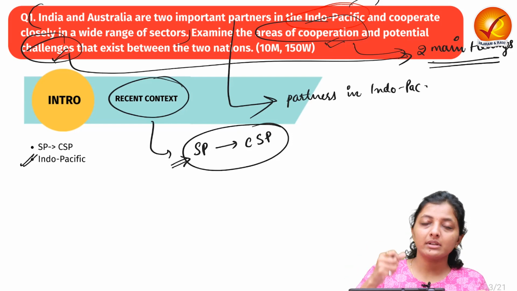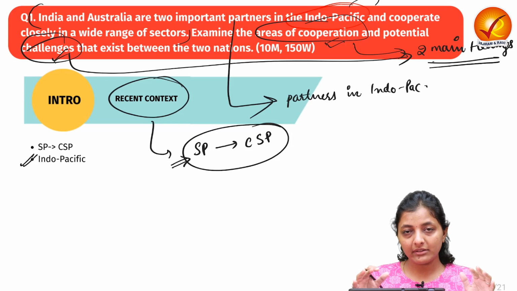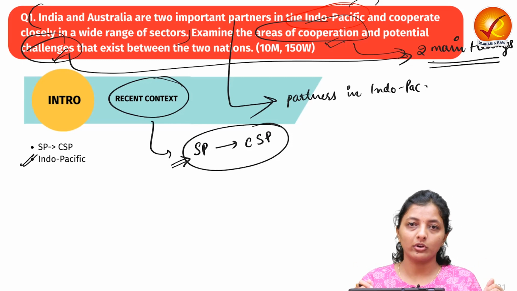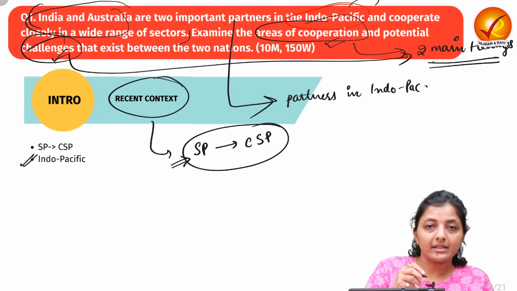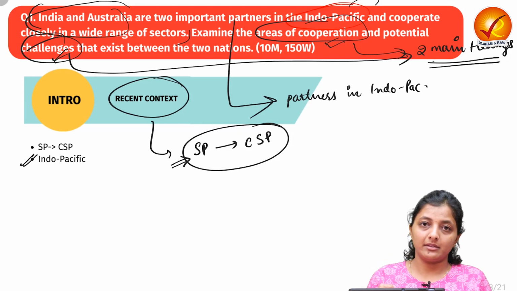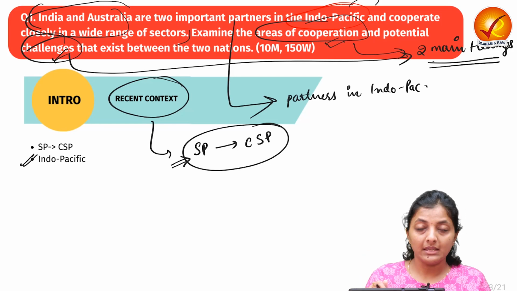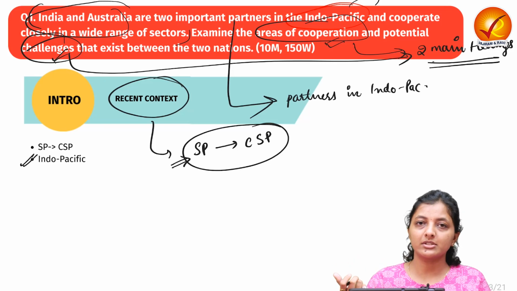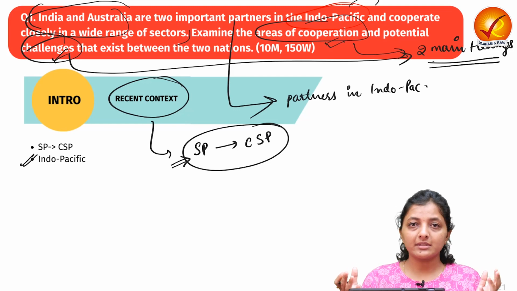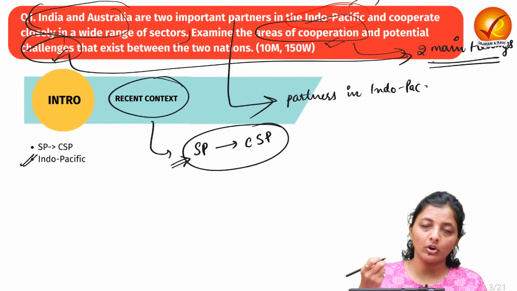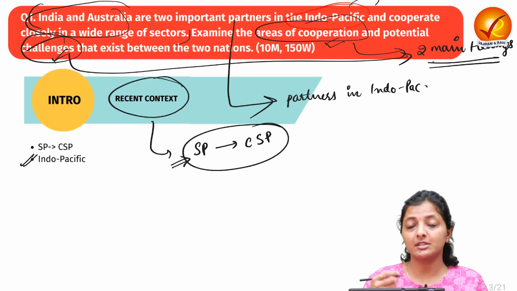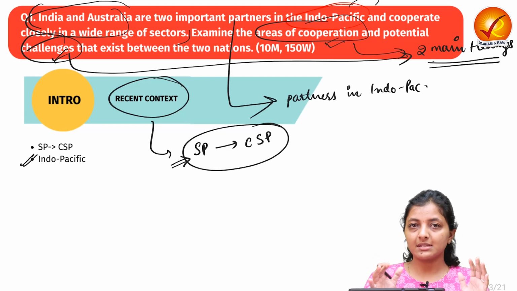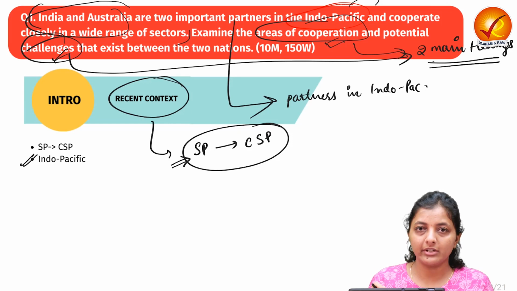To counter the Chinese influence and to make that region stable, secure and open for all, India and Australia are now working in a collaborative manner. That is why their bilateral relations are getting strengthened. Now they are working across various sectors: economic cooperation, energy, clean energy, space, science and tech. So, this is some background of India-Australia relations.